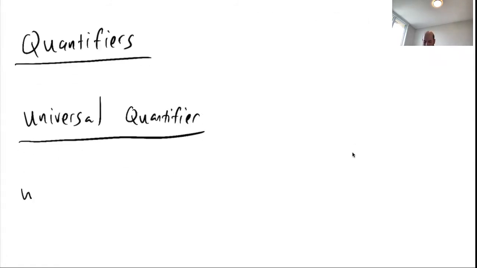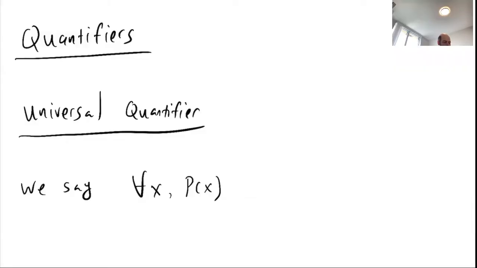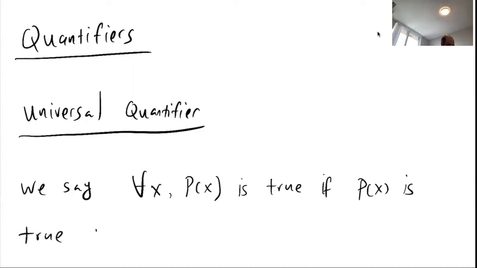So we say that for each x, p of x is true if p of x is true for every x in the context.